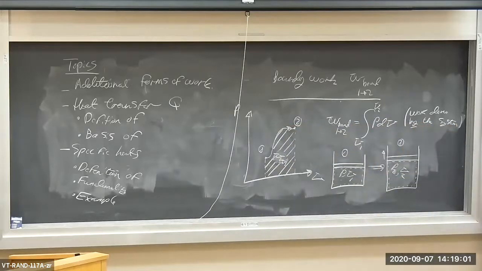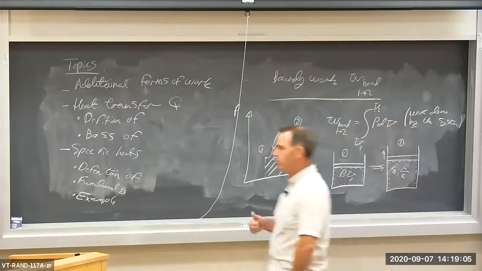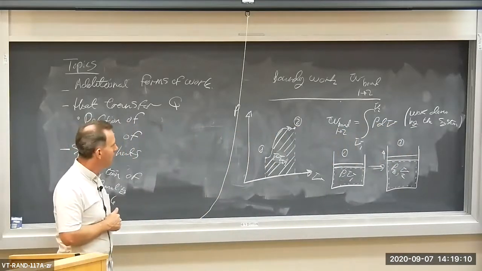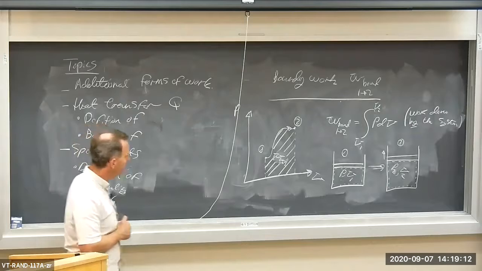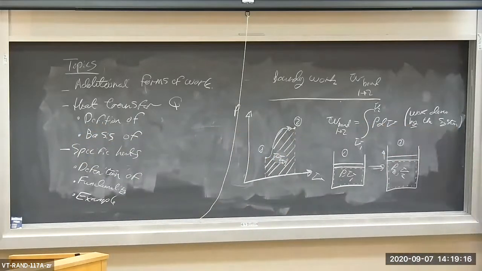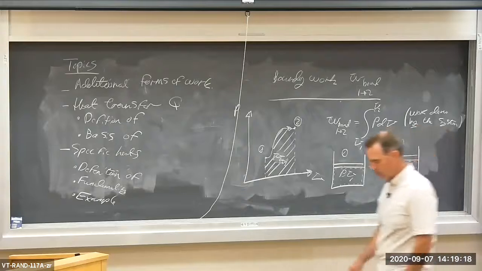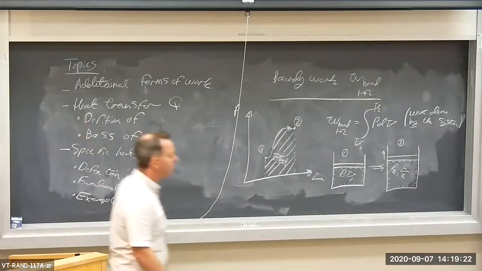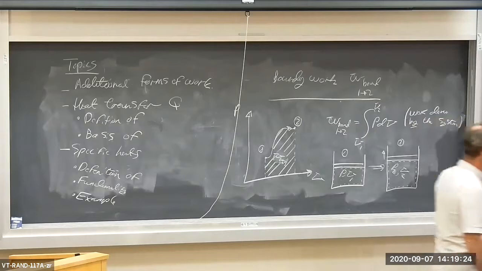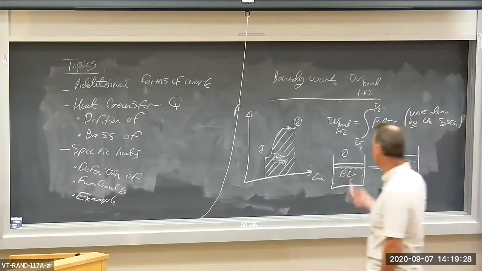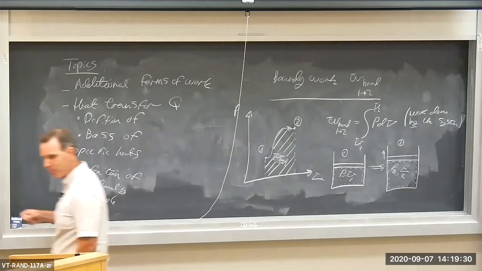So if that integral is positive, it's work done by the system. If that integral is negative, that means you're doing work on the system. So work is positive when the system is doing work, and it's negative when you're doing work on the system. So that's boundary work from last time.